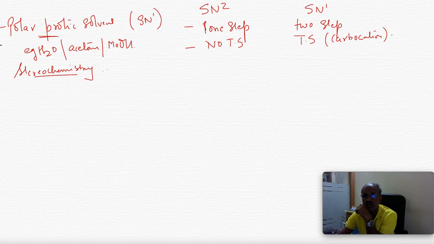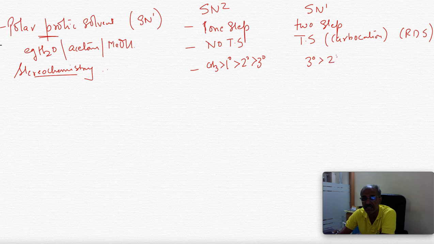The formation of the carbocation is the rate determining step. In SN2, the attack of the nucleophile itself is the rate determining step. Now, in SN2, methyl is more reactive than primary, then secondary, and then tertiary carbon. In SN1 the scenario is reversed: tertiary halide is more reactive than secondary, than primary, than methyl.